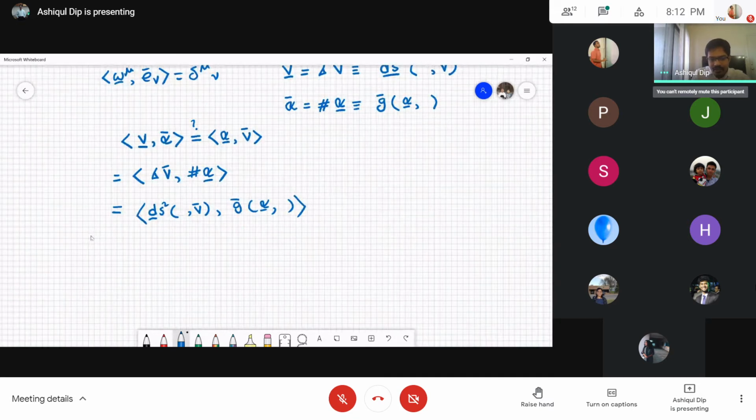And then if you expand this thing, we have already seen that it can be expanded like this: g mu nu v nu e mu, right? Actually, so it's omega mu, like that. We have already seen that when we expanded this thing.